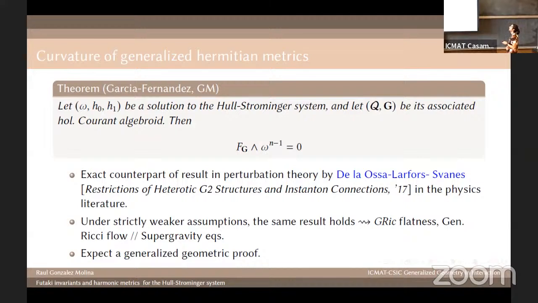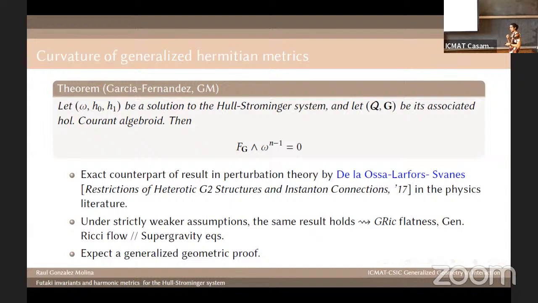So this is an exact version of a theorem that was already known in the physics literature in this paper by Xenia de la Ossa, Magdalena Larfors, and Eirik Svanes, in which they study the G2 system in one dimension more and perform a reduction and see that the information of a solution to the Hull-Strominger system is in fact, to all orders in perturbation theory, equivalent to a suitable current algebra with a Hermitian-Einstein metric.